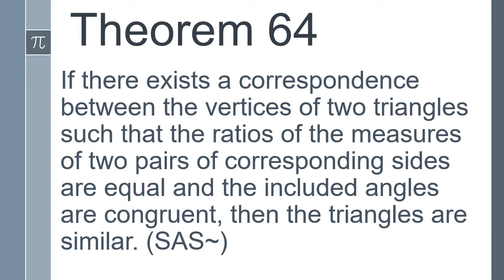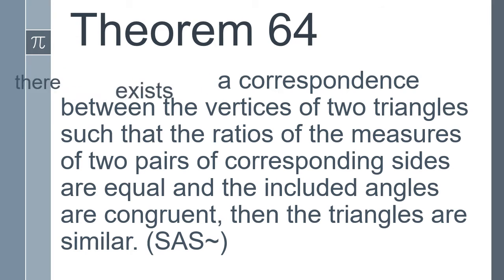All right, so theorem 64: if there exists a correspondence between the vertices of two triangles such that the ratios of the measures of two pairs of corresponding sides are equal and the included angles are congruent, then the triangles are similar. So SAS similarity.